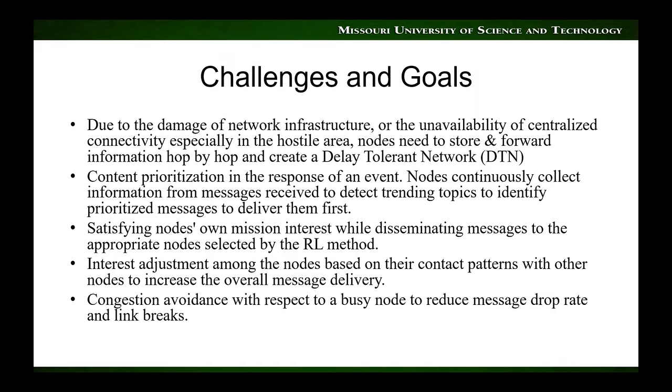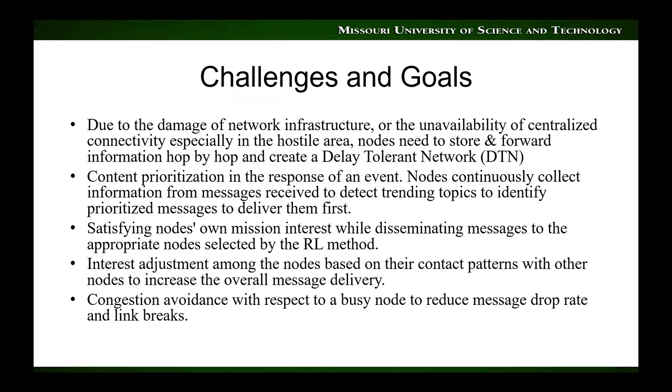Our next goal is to satisfy soldiers' mission interest. That means that each soldier should collect information which is related to their interest or related to their mission goal. For this reason, they sometimes have to adjust their interest based on the contact with other nodes. So we'll explain this later.